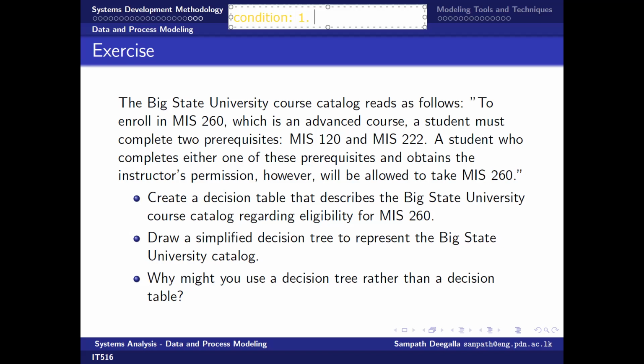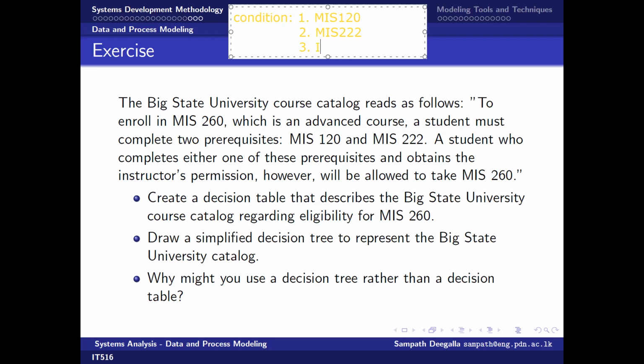Okay. So there are three options. Shall we put three options? MIS 120, MIS 222, and the instructor permission.